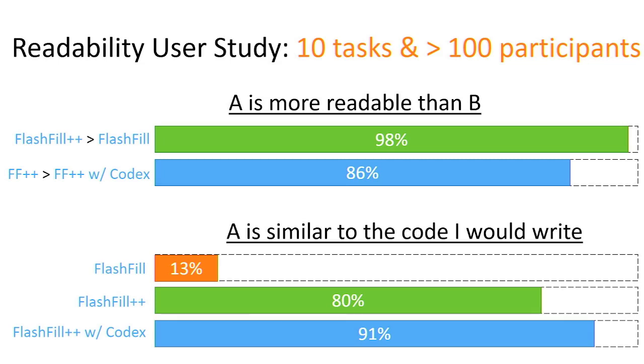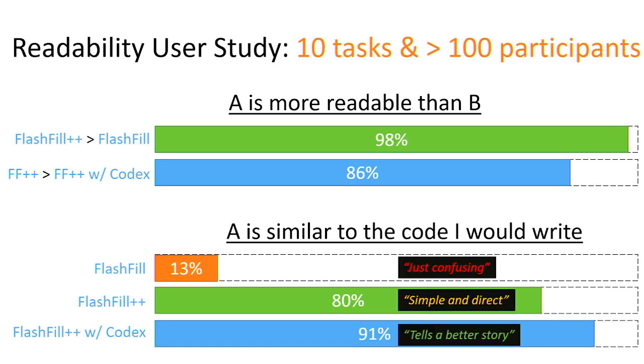So there are people who don't need variable names. There's also the question: is it similar to the code I would write? For FlashFill only 13% say yes, 80% say yes for FlashFill++, and with the renaming, 91% say yes.